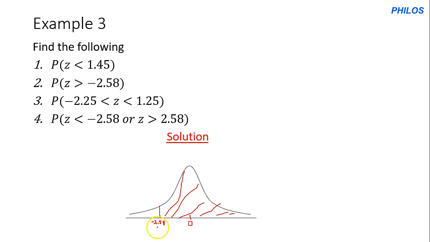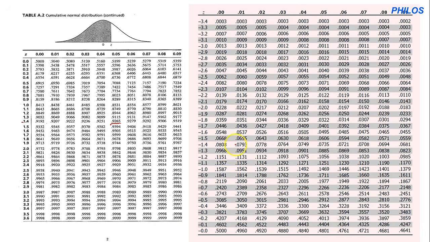First, let's check this negative 2.58 on its table, which is a negative z table. So we have negative 2.5 here, and 8 will be 0, 1, 2, 3, 4, 5, 6, 7, 8.